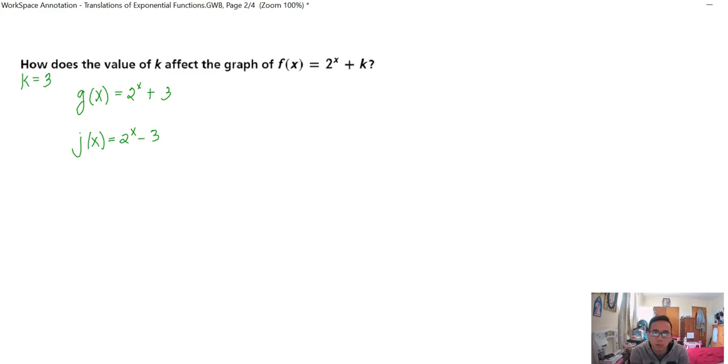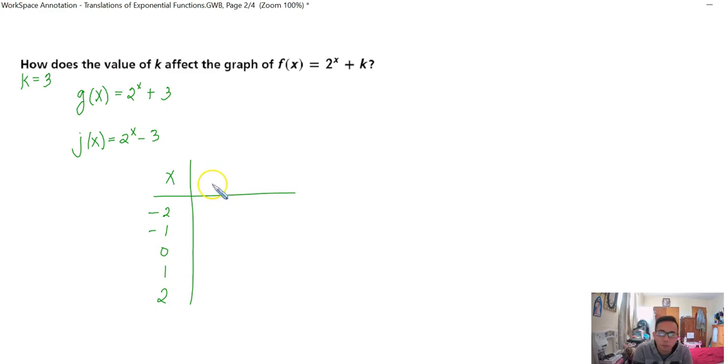You can do a table of values. All right, so the table of values, let's say the value of x and then the value of the function. Okay, so I'm going to use this table. So I'll start with -2, -1, 0, 1, and 2.